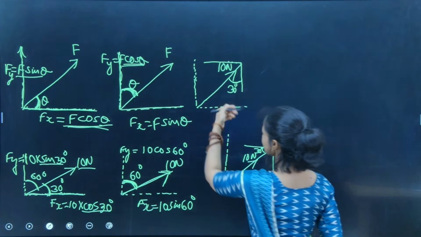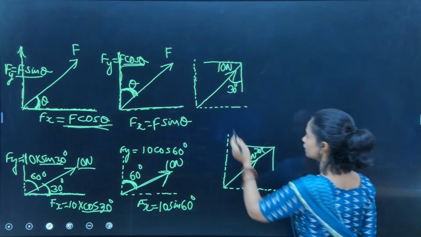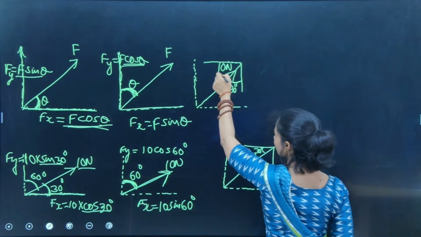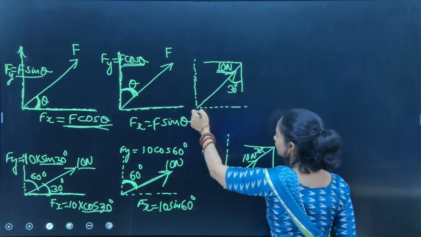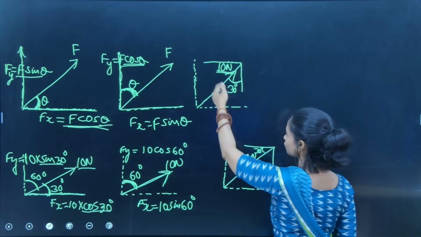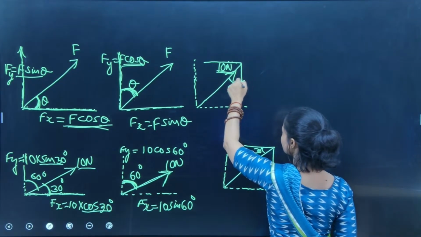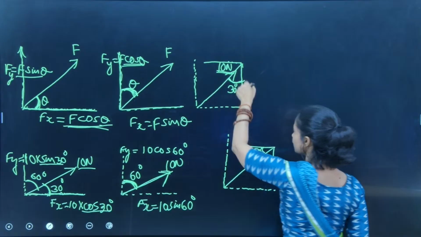Now let's check a different case. Here I have the same 10 Newton force, but the angle is given in an indirect way. The force is at an angle of 30 degree with the vertical like this.